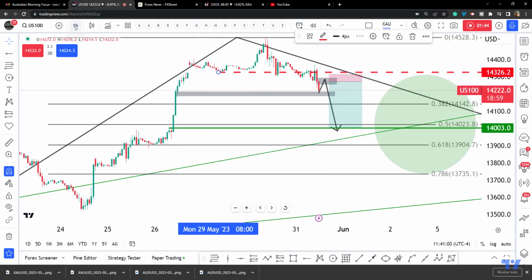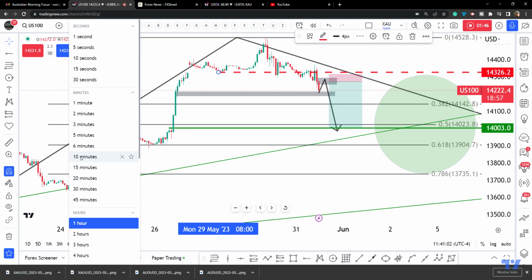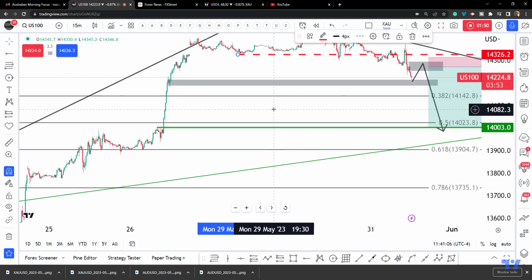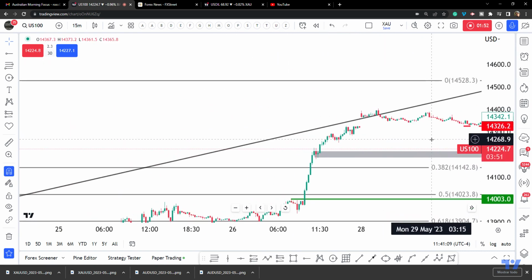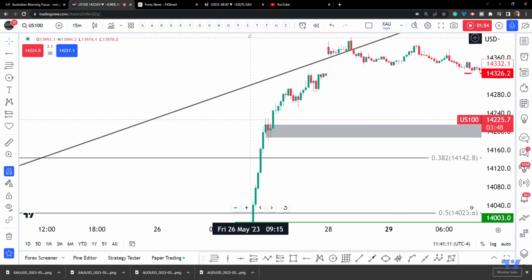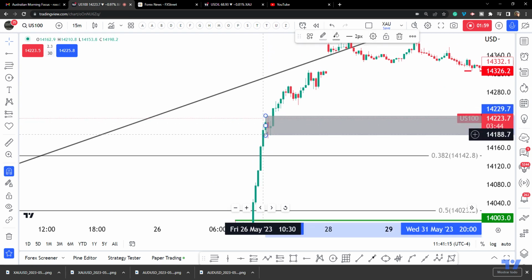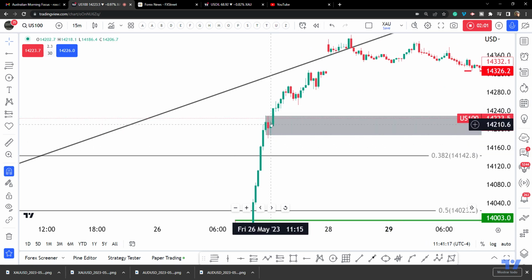If we move down to the 15-minute chart, you can see that there was activity in this area. Just move that up a bit. In that area there, you have buyers and sellers.